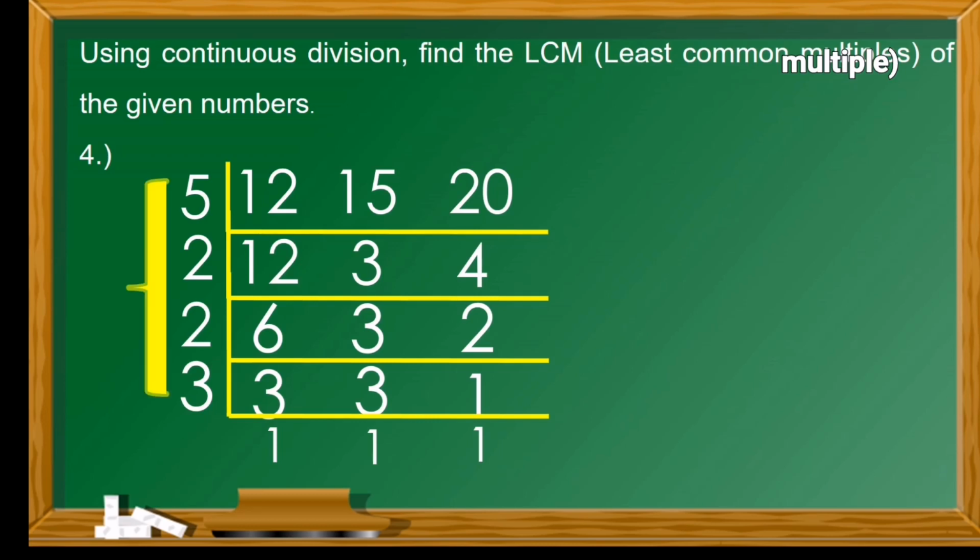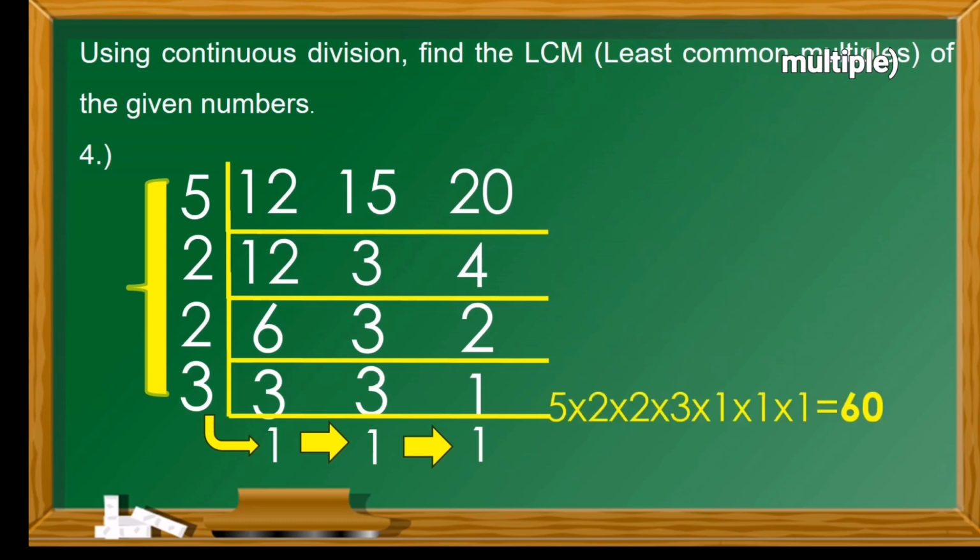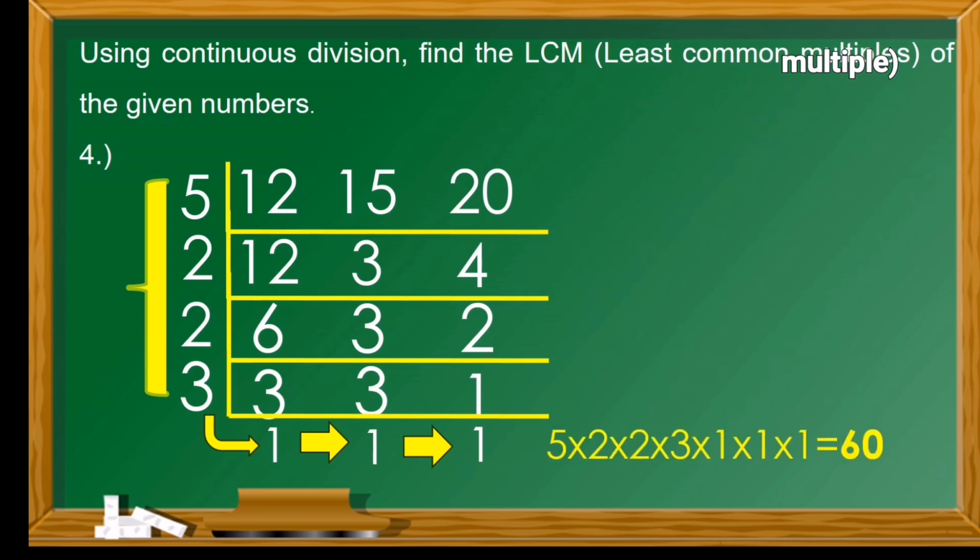So 5, 2, 2, and 3 are our divisors, and 1, 1, 1 in our quotient. So what we need to do is 5 times 2 times 2 times 3 times 1 times 1 times 1, and it is 60. So meaning 60 is the LCM of 12, 15, and 20.